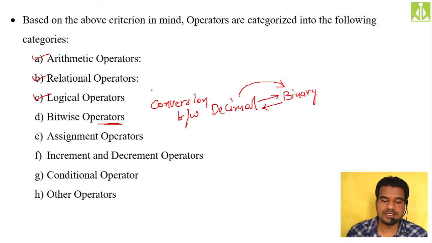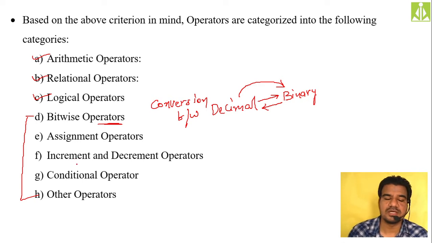So quickly in today's session, as we are aware of this process, we can quickly discuss about these bitwise operators. So hopefully in today's session, I will try to wind up all the leftover operator categories, that is bitwise, assignment, increment and decrement, conditional, and other operator category.